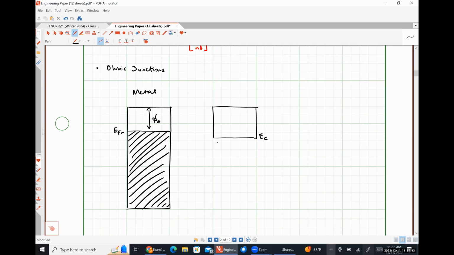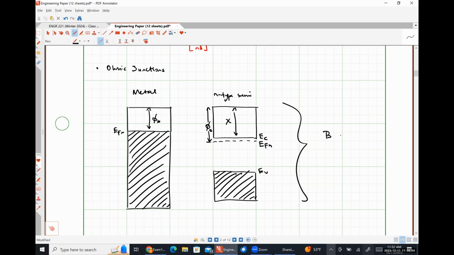Here we have EC, EFN, EV like so. Our electron affinity, chi, the work function for our semiconductor, phi s, and we have something like this.